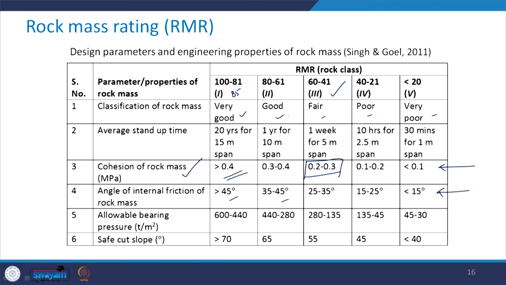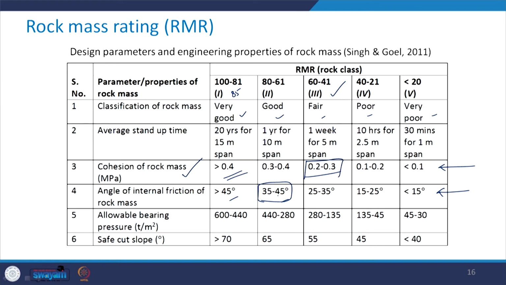For example, for good quality of rock mass, the range is between 35 to 45 degrees. You need to keep in mind that even for the highly weathered rock, the angle of internal friction will be more than 14 to 15 degrees. So, it will not go further below that, like it cannot be 10 degrees or 5 degrees.